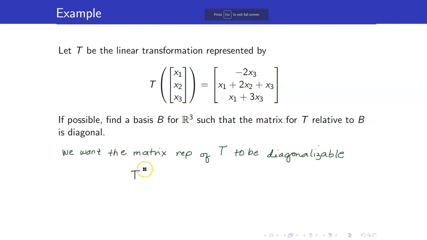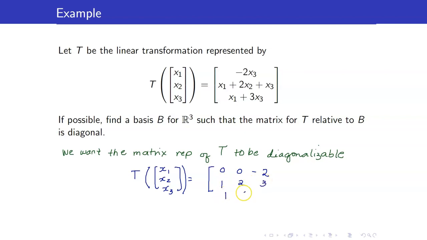Notice that T of (x1, x2, x3) is equal to the matrix with rows (0, 0, -2), (1, 2, 3), and (1, 0, 3) times (x1, x2, x3). And therefore, this is my matrix A over here. And this matrix A is precisely the matrix we obtained earlier.